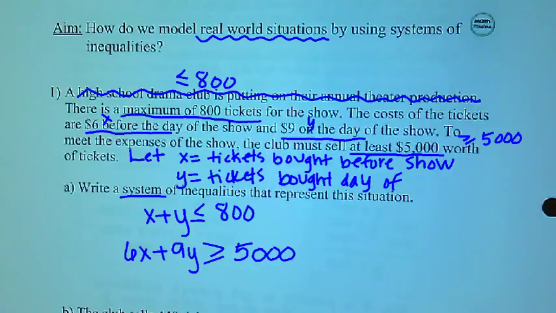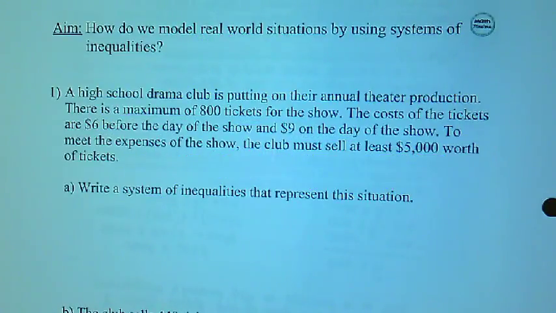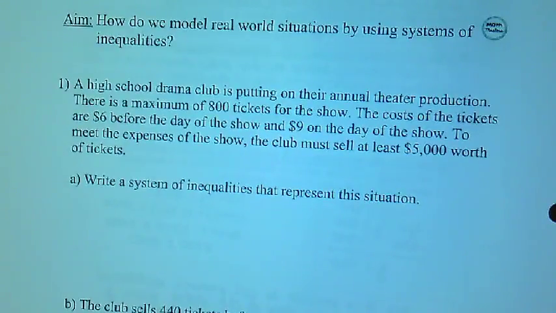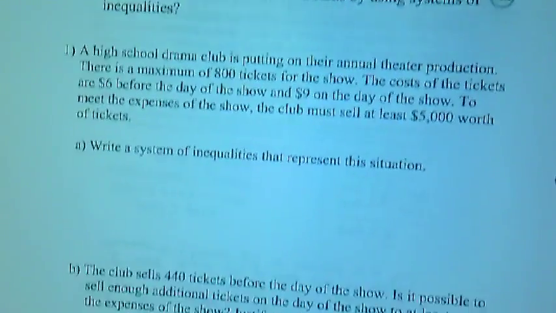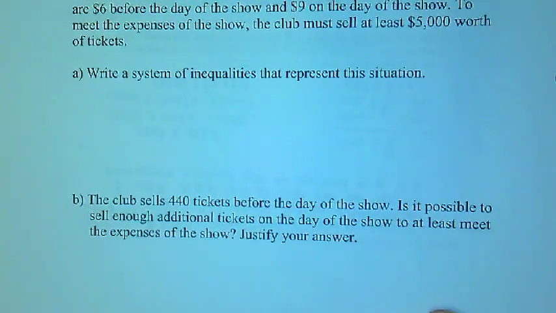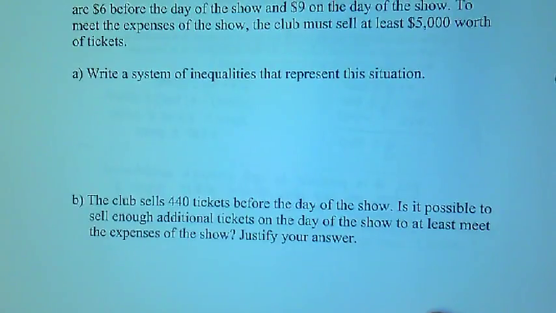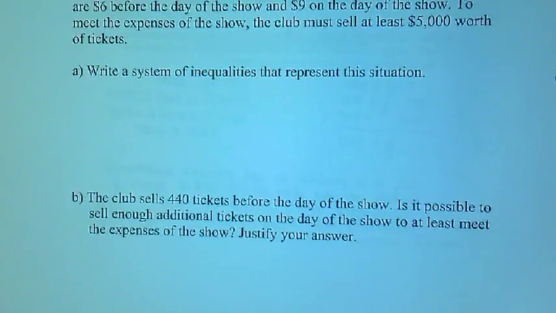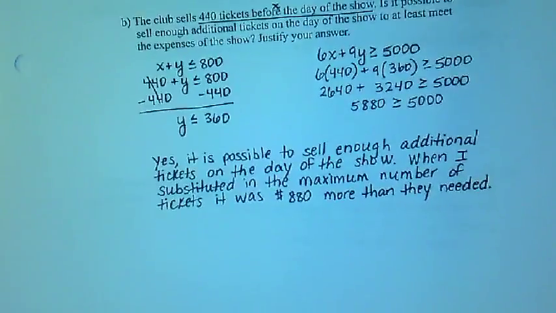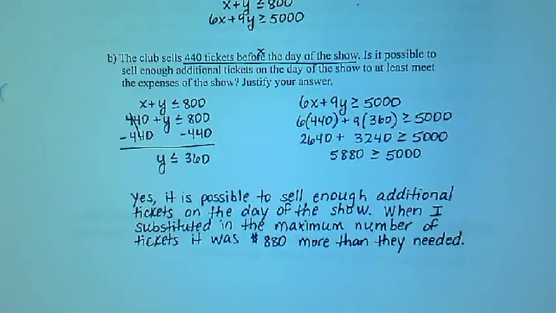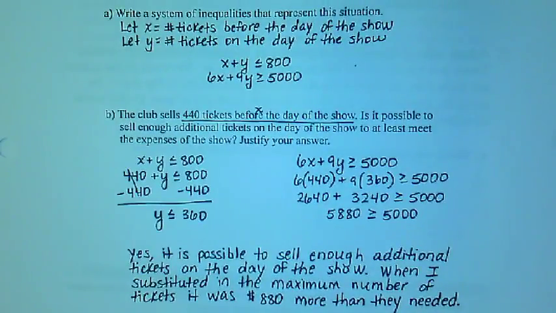Alright? Okay. So then we're going to answer the rest of the question. So the club sells 440 tickets before the day of the show. Is it possible to sell enough additional tickets on the day of the show to at least meet the expenses? Okay. So basically what we're going to do, so again, same equations that I had.